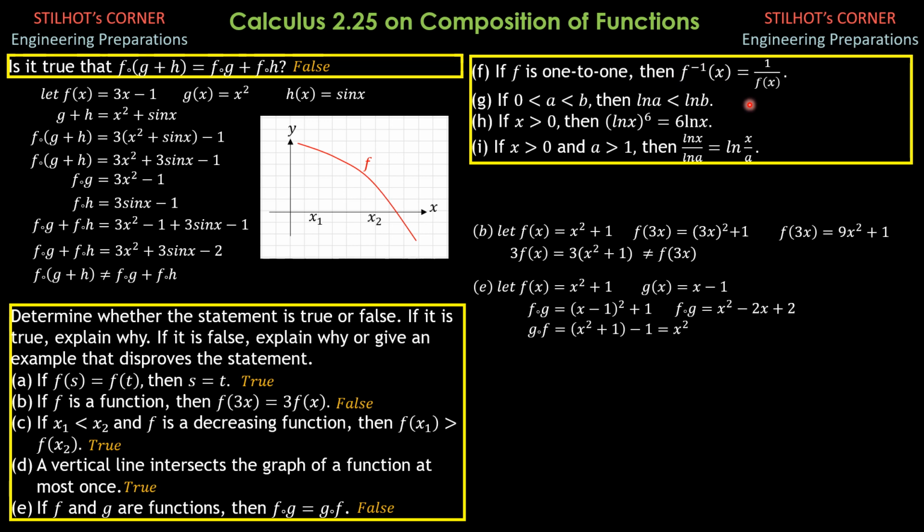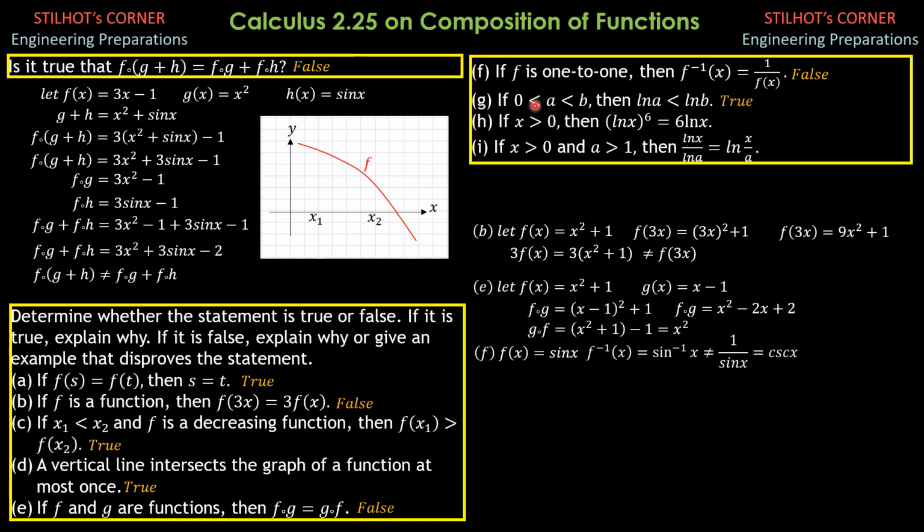This is false because, as an example, if f of x is sine x, then the inverse of sine x is just inverse sine of x. Then 1 over sine x is not equal to inverse sine of x, because 1 over sine x is cosecant x. So that's it.